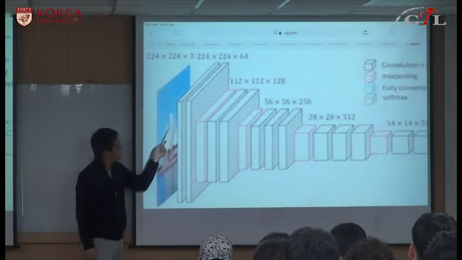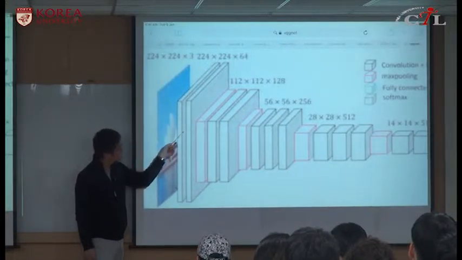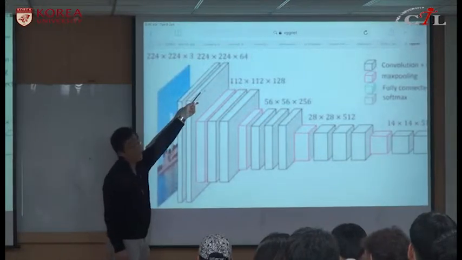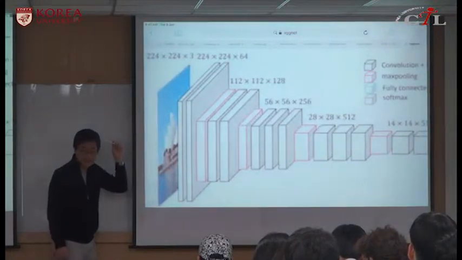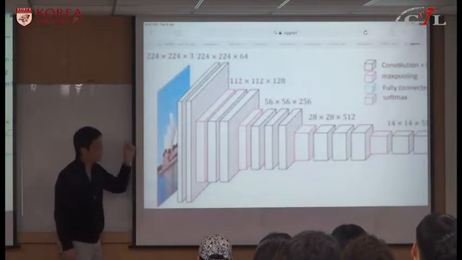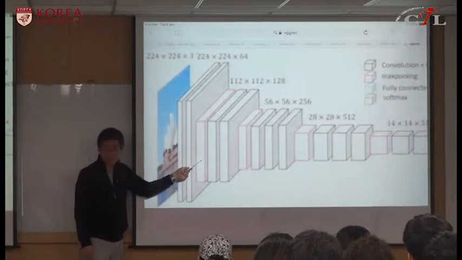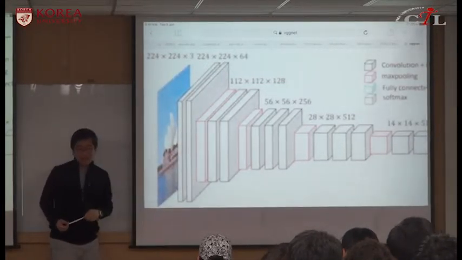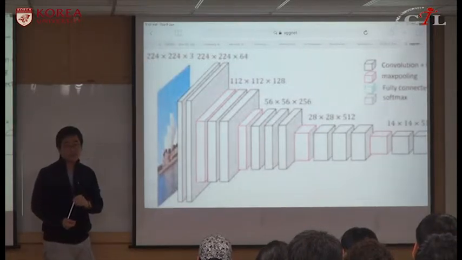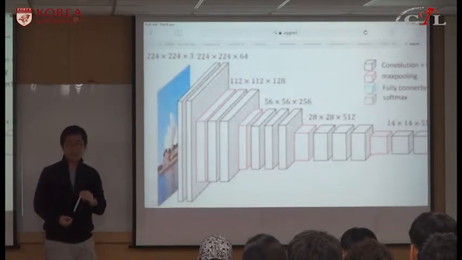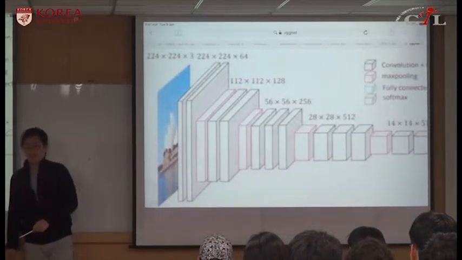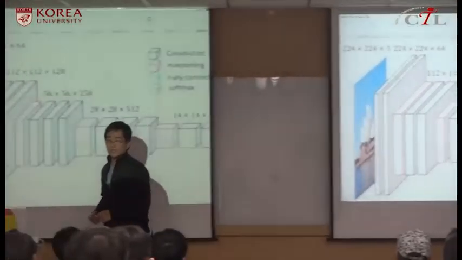So at this conv-ReLU, we have 64 convolution filters, and at this position, we also have 64 different filters, because the output still has an activation map depth of 64, right? And after doing the max pooling, the channel size has increased to 128, and that means after this point, we use convolution layers that have 128 filters.